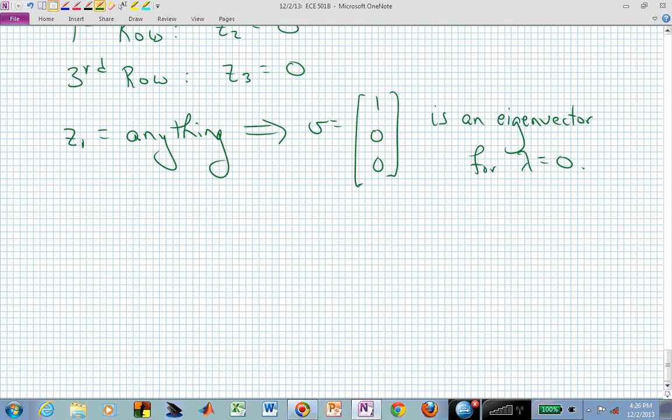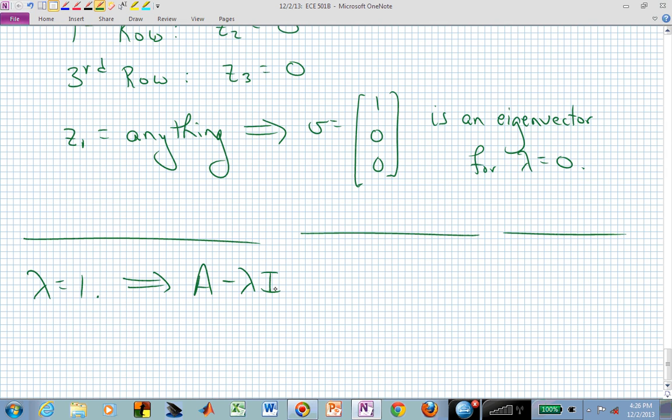If we now look at the other eigenvalue, so even if we replaced lambda again with a 0, this is what we would end up with. We're not going to get another unique eigenvector in that subspace. If we now look at lambda equal to 1, now A minus lambda I is A minus I, which is going to give us some minus 1s on the first two diagonals.